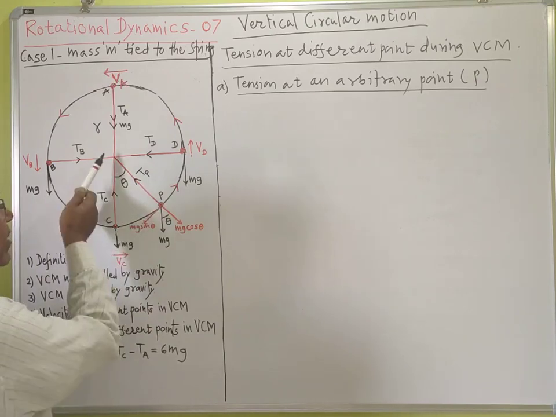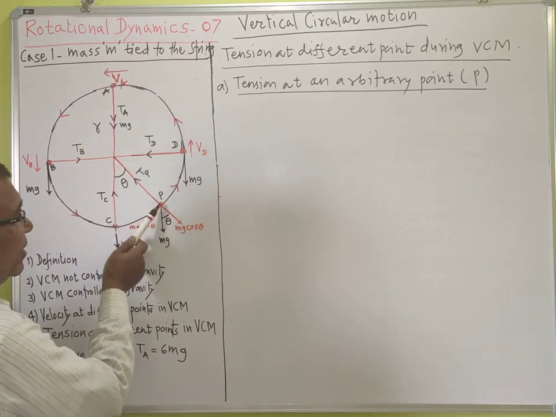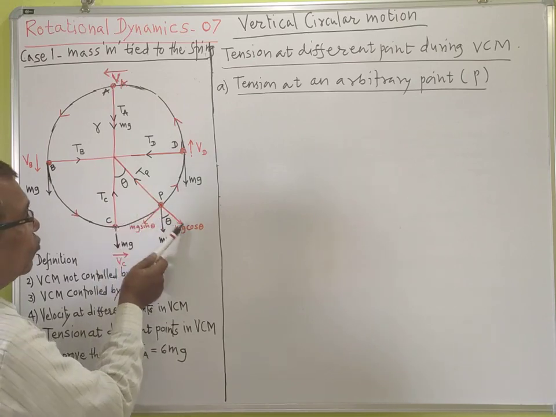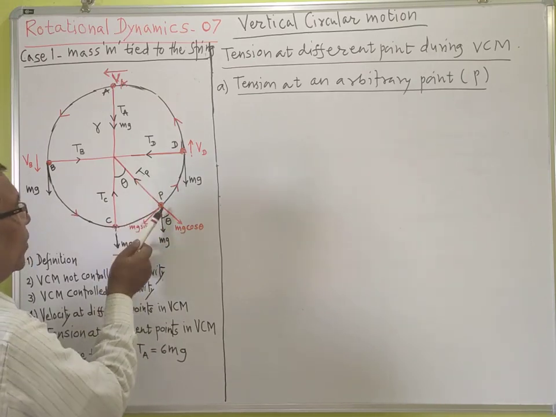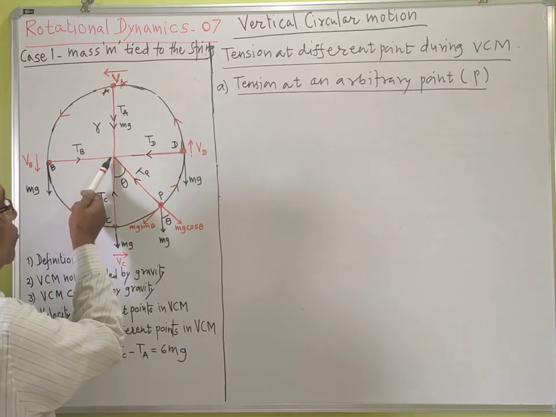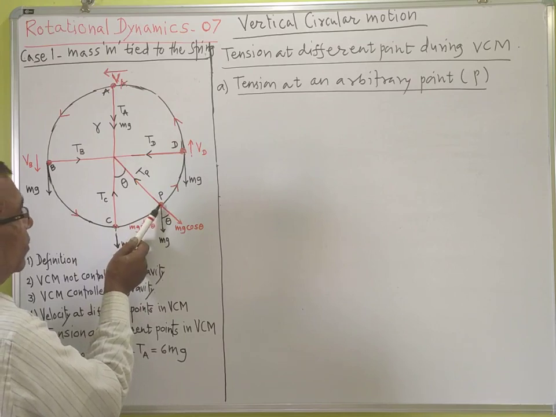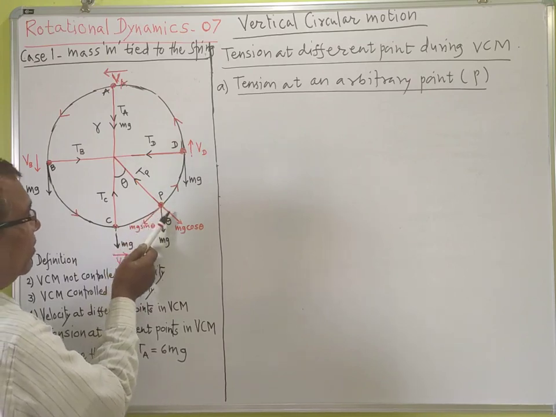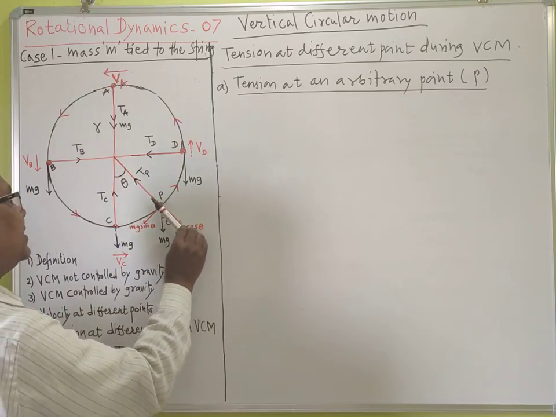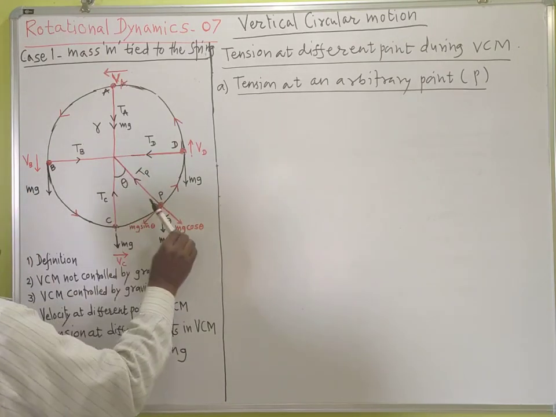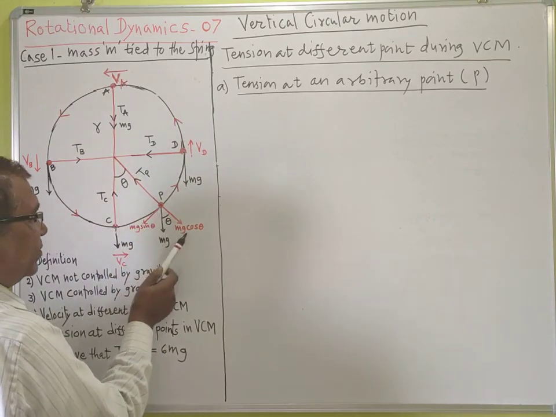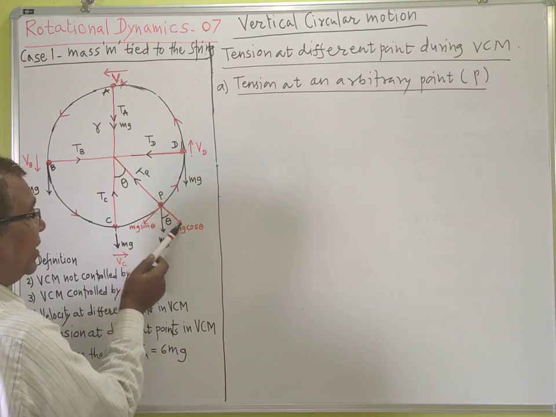So what happens here? Tension is acting inward, and mg cos theta is acting outward. One force is Tp acting inward toward the center, and one component of mg is mg cos theta acting outward.